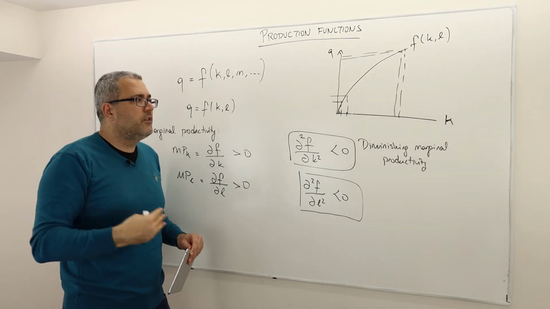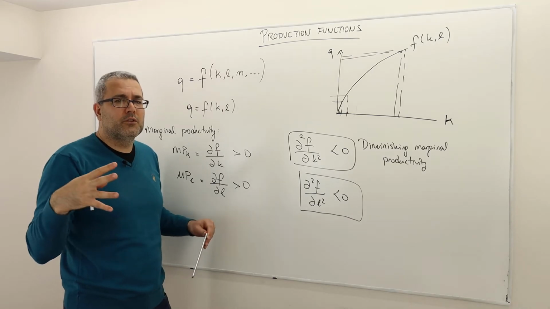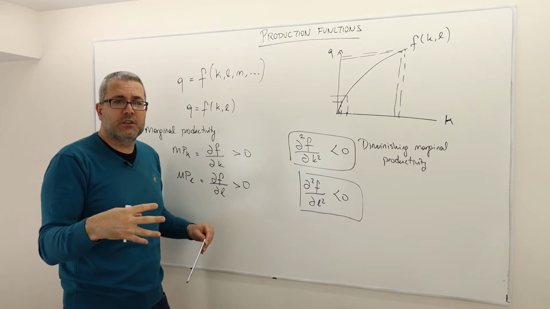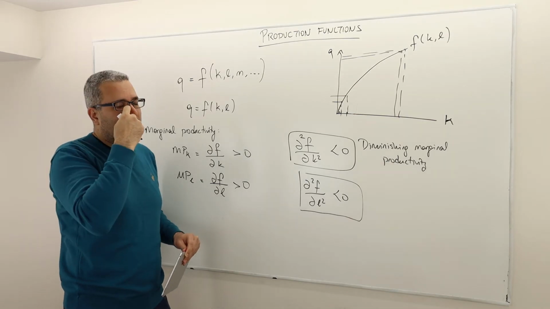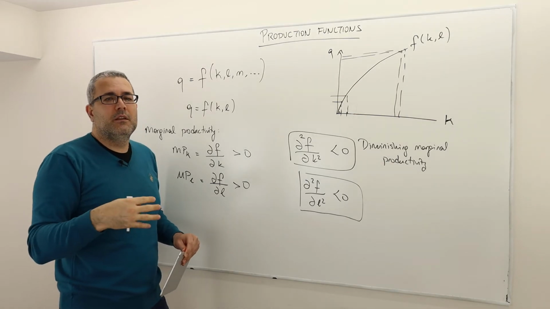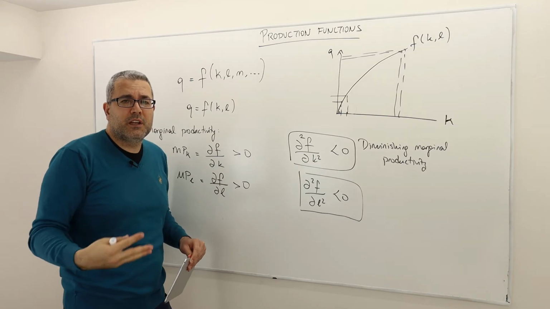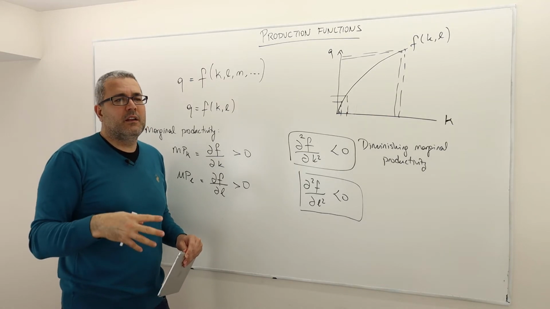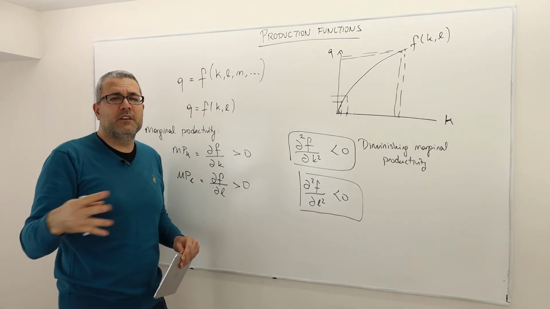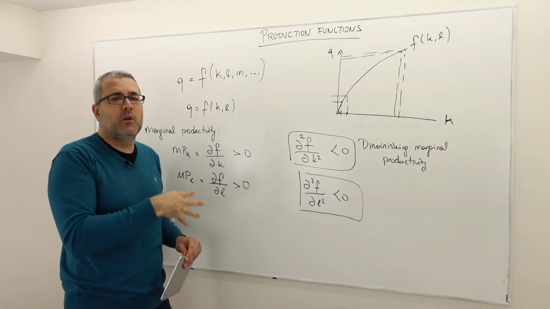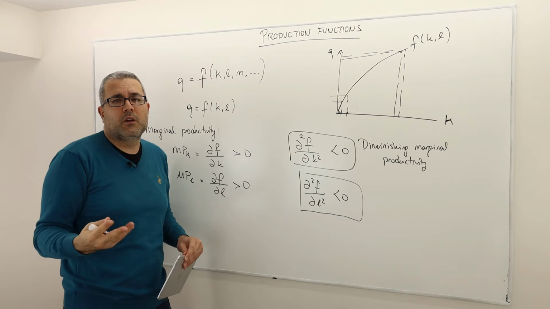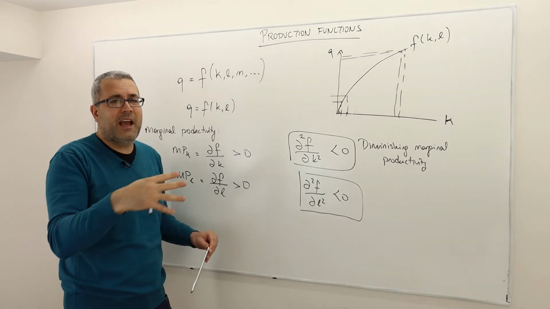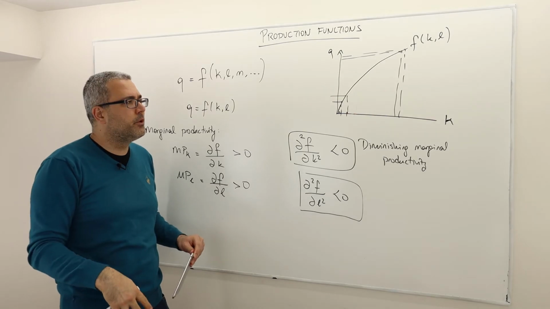If you try to put more and more capital, basically you're squeezing all the workers very close to each other, and so probably you're going to be reducing the productivity. It's going to be too crowded an environment, and the working environment is not going to be as pleasant as it was when there were, I don't know, much fewer desks and chairs and computers.